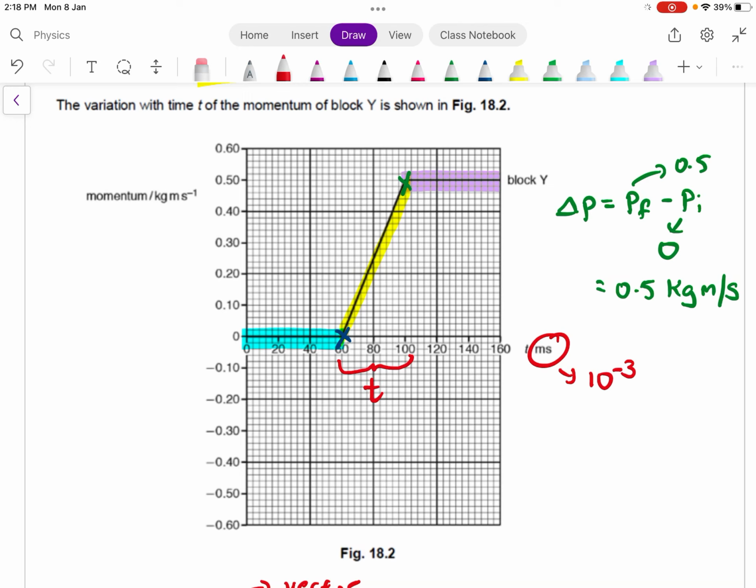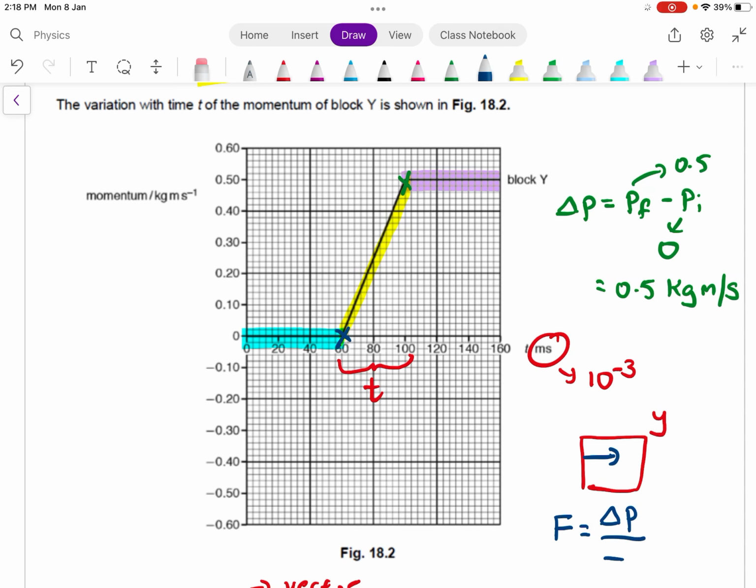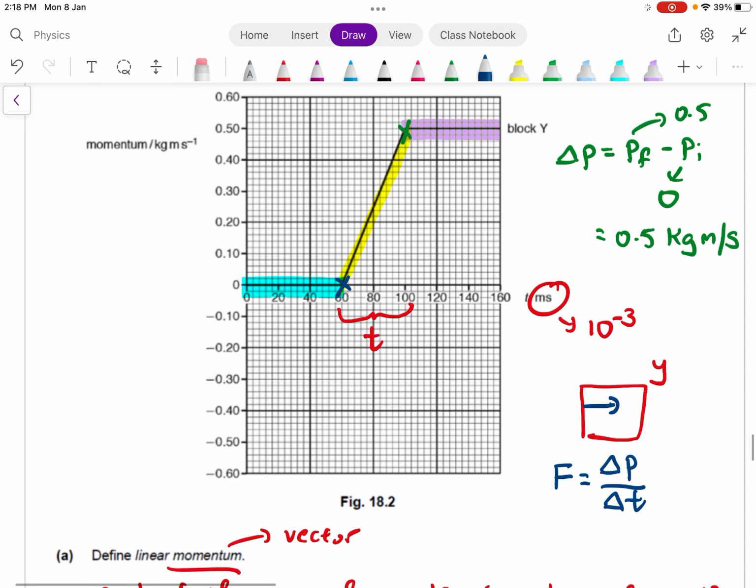With this, I can calculate the force that block X exerts on block Y. I just draw block Y first. To calculate the force, you must use F equal to delta P divided by delta T. This is Newton's second law that we learned last week. Delta P is the change in momentum, 0.5.